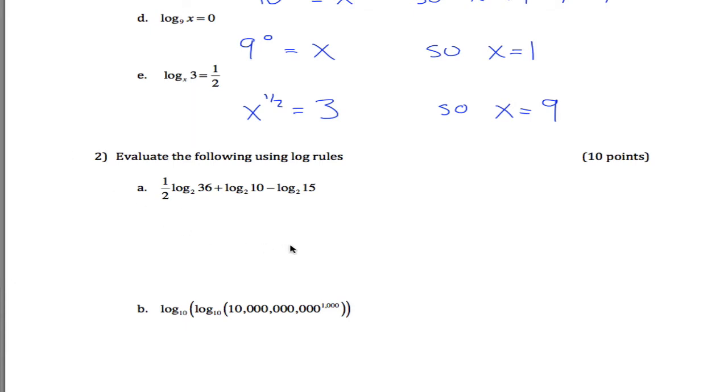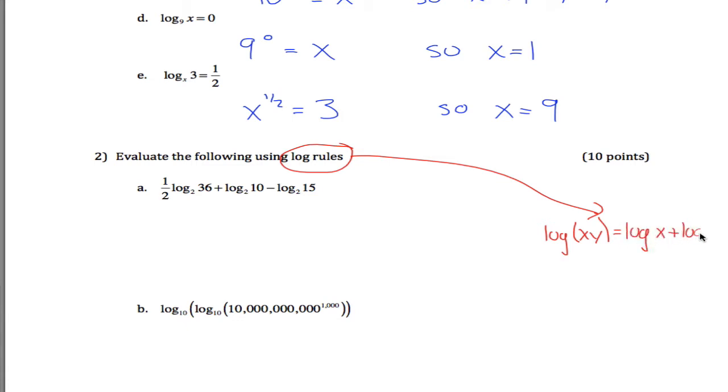Moving on. Evaluate the following using log rules. Log rules are, we have 3 of them. The log of a product is equal to the sum of the logs of that product. The log of a quotient is equal to the difference of those logs.